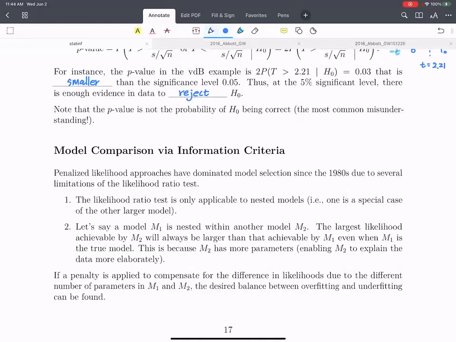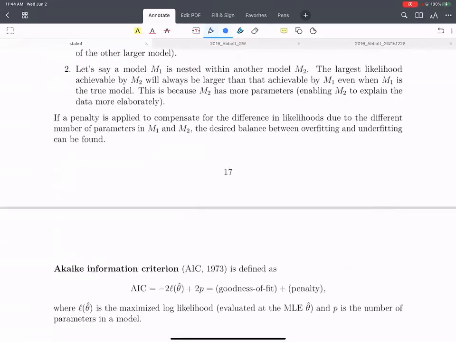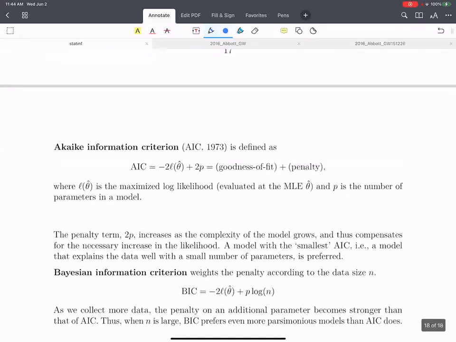So we basically need to penalize adding useless parameters into the model. That's why we use AIC and BIC. Basically, this is a composite measure of goodness of fit evaluated by the likelihood, and we penalize the model complexity by adding some constant proportional to the number of parameters.